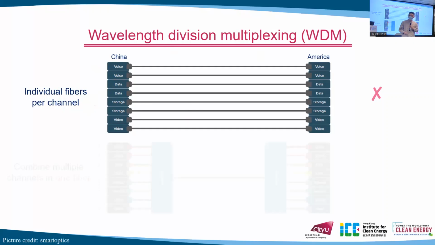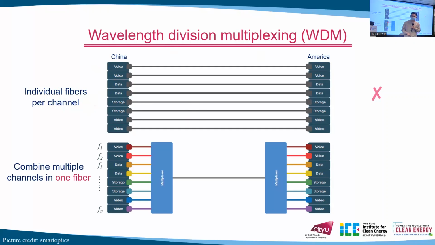So usually, what we do is first combine these multiple channels together, and then transmit this information via one fiber, and finally we separate these channels. So this is called WDM. We can see that this is very economic, power efficient, and widely used.